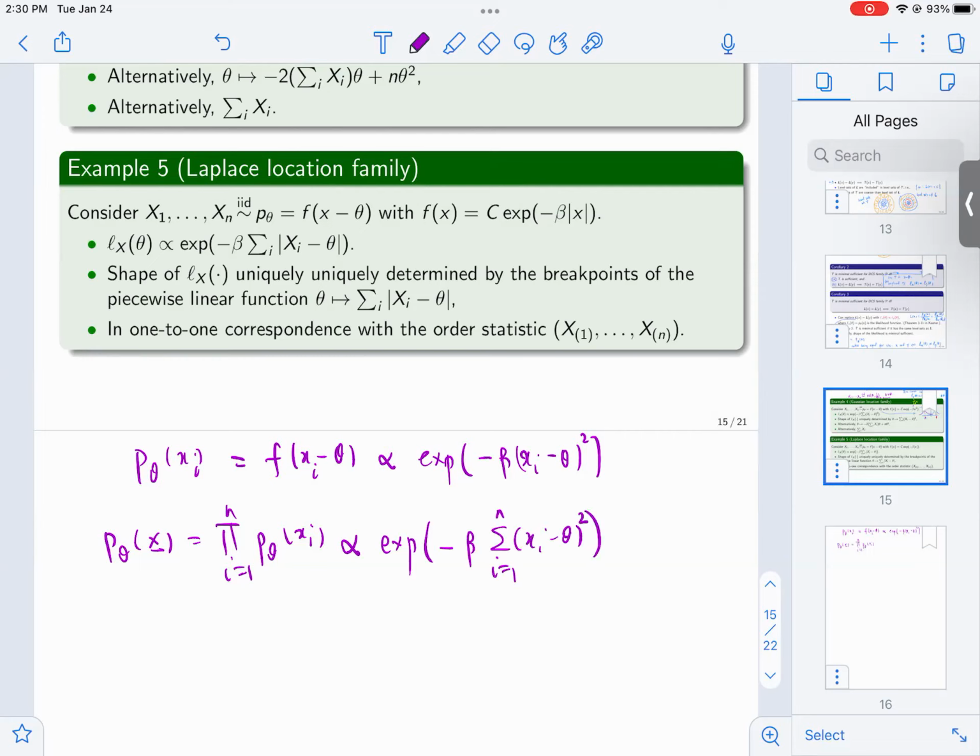Again, because we care about the likelihood, we don't care about the normalizing constant. It depends on beta, but beta is known to us. So this would also be Lx. Yeah, I shouldn't have written that. So this is proportional in theta, not in x. So in the end, this is going to be L theta. Sorry, not L theta.